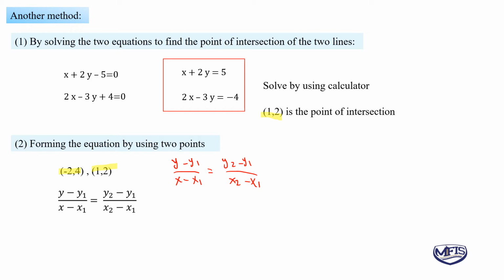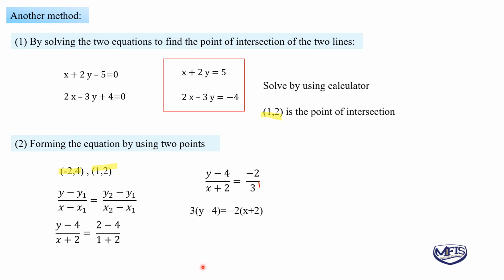So we have (y minus 4) over (x minus negative 2), which is x plus 2, equal to the slope, which will be (2 minus 4) over (1 minus negative 2), which is 1 plus 2. So (y minus 4) over (x plus 2) equals negative 2 over 3.